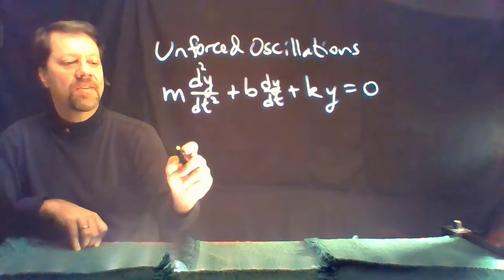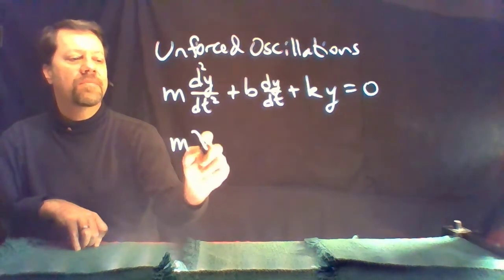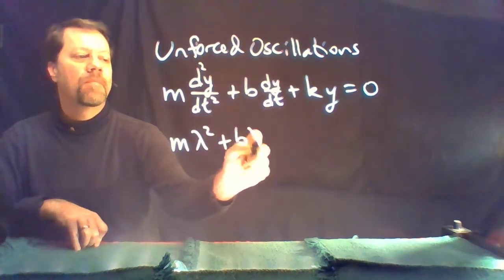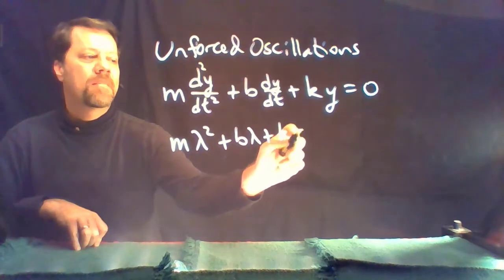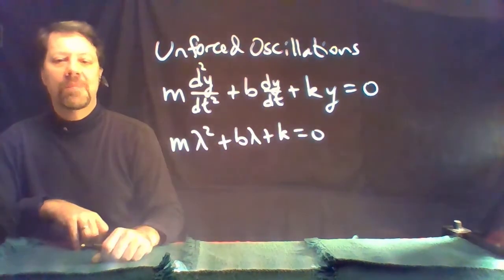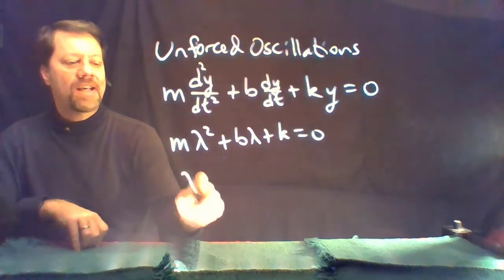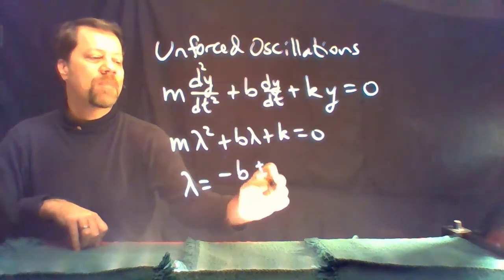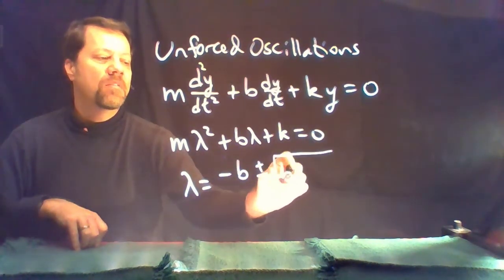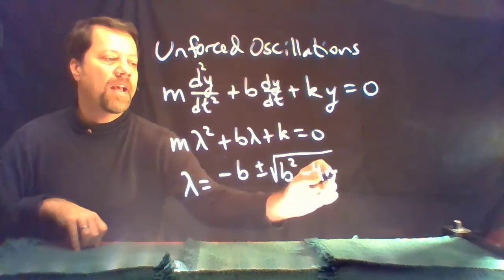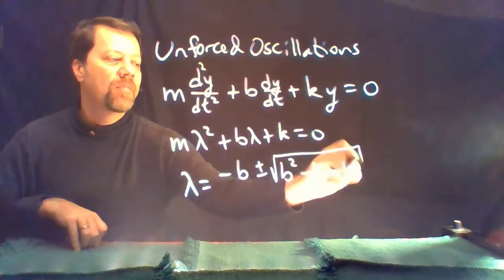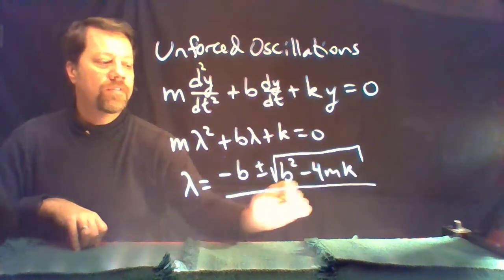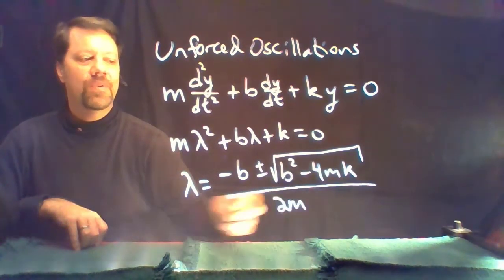In this case, the characteristic equation is m lambda squared plus b lambda plus k equals 0, which has solution lambda equals negative b plus or minus the square root of b squared minus 4mk, all over 2m.